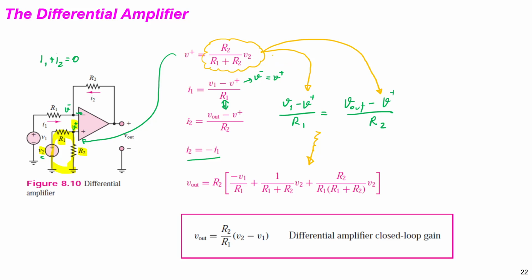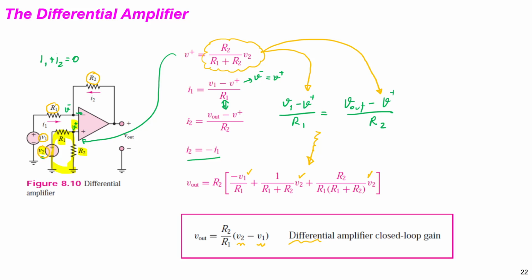With this, V positive disappears and we get V2 here. So in the formula it will be V1 and V2. If we arrange this side, we get V out equal to R2 divided by R1 into the difference between V2 and V1. So we call it a differential amplifier.